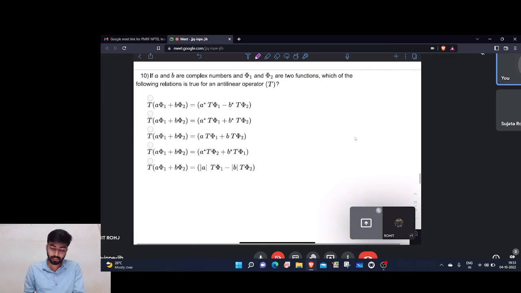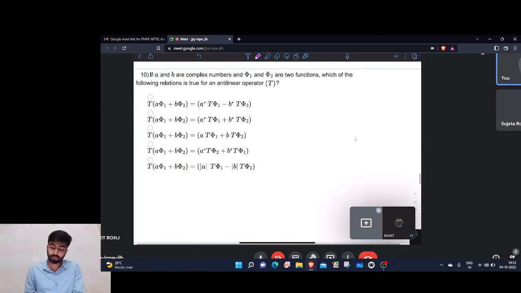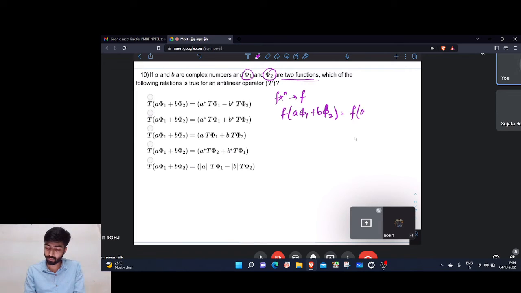Now question number 10 says that if a and b are complex numbers and phi1 and phi2 are two functions, which of the following is true for an antilinear operator? Now in general, for a linear operator, let's say f is a linear operator, then if f operates on a of phi1 plus b of phi2, it works on the individual sum.